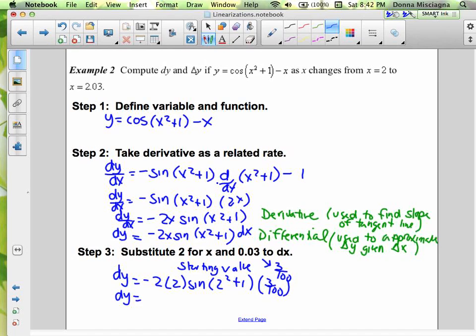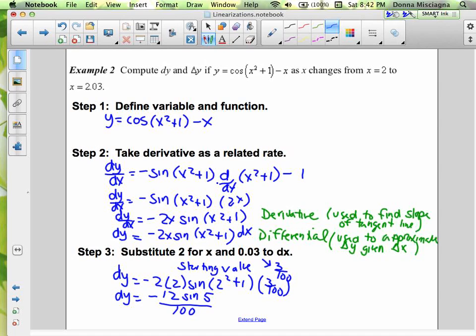So dy equals negative 4 times 3, it's going to be negative 12, sine 5. It'd be nice if it was sine 4. Actually, sine 4 pi would be nice. Sine 5 over 100.